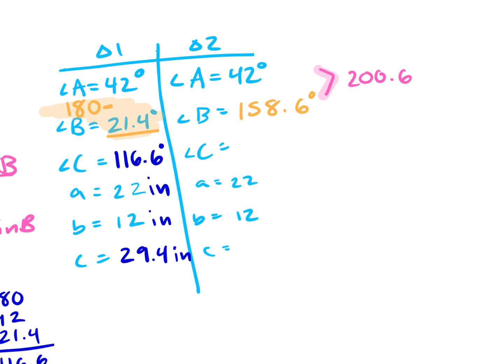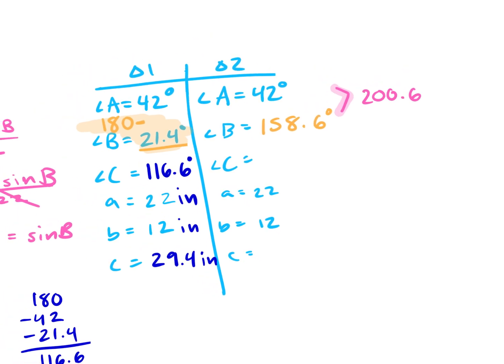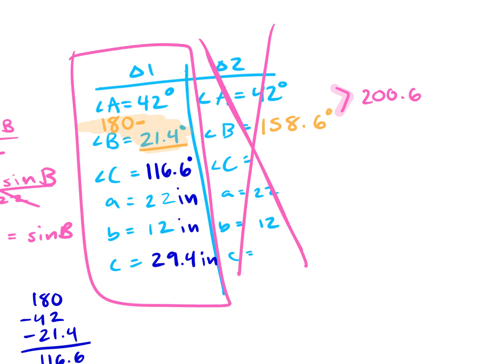No, they add up to more than 180, so it's not possible to have an angle C. So what does that mean? There's just one triangle. So we don't have a second triangle. It's just one triangle as our answer. Any questions? So if your two angles add up to more than 180, you don't have a second triangle.